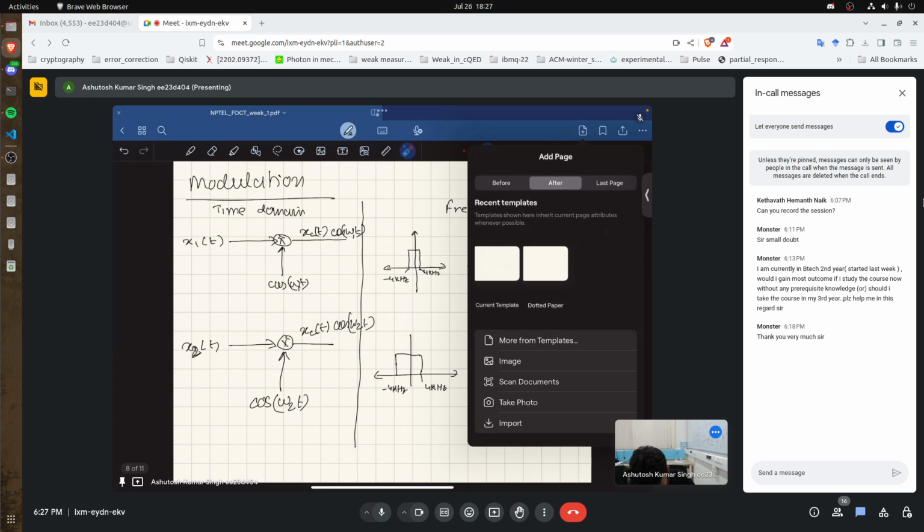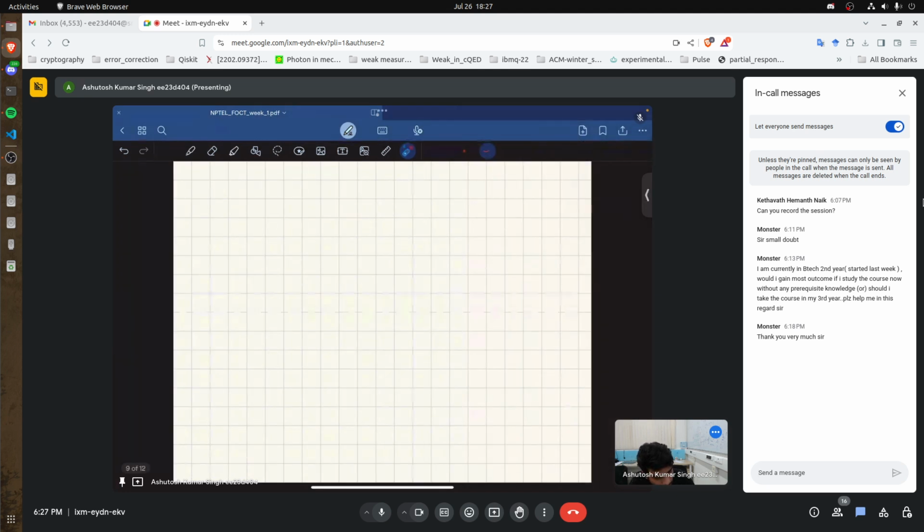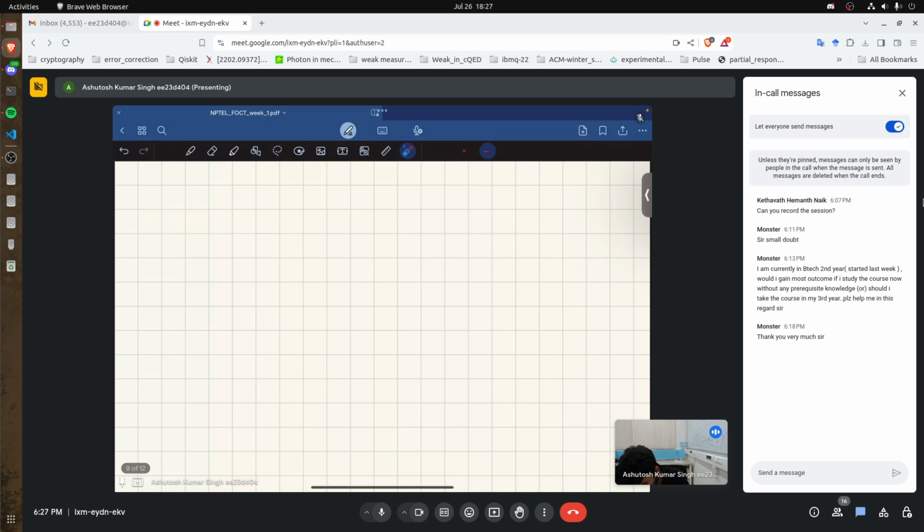Now, just a small technical nomenclature clarity here. The original frequency content, which is centered around 0, which was this, in our case 4 kilohertz, is called the baseband signal.